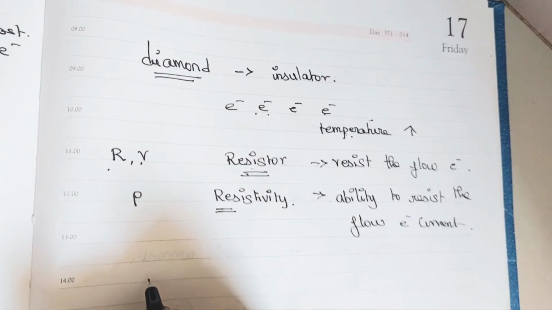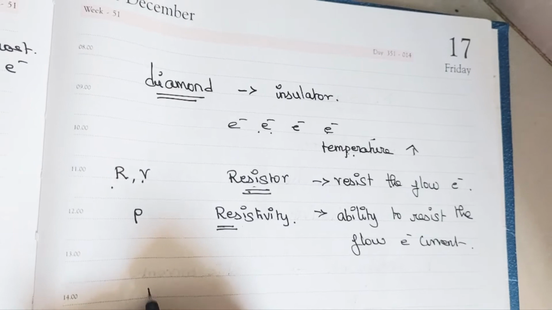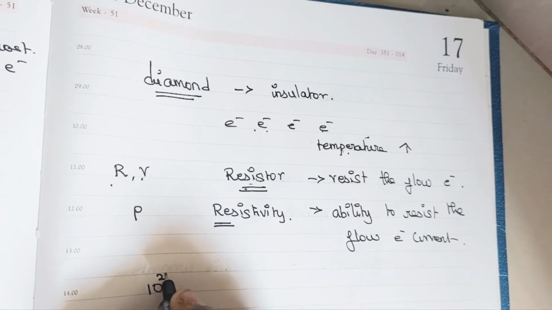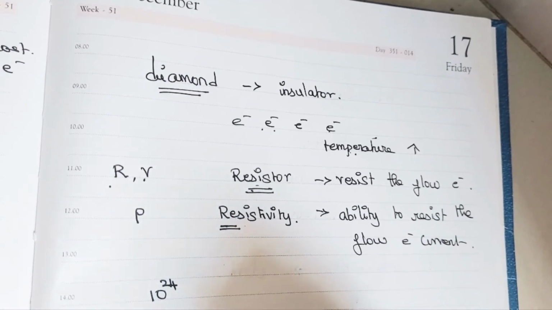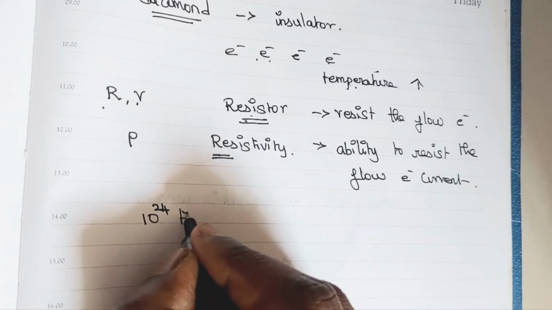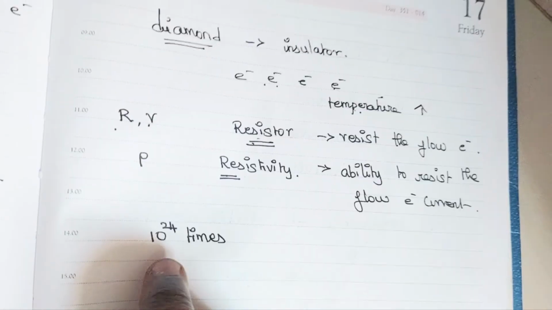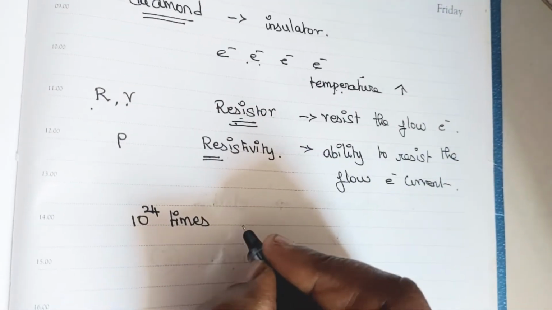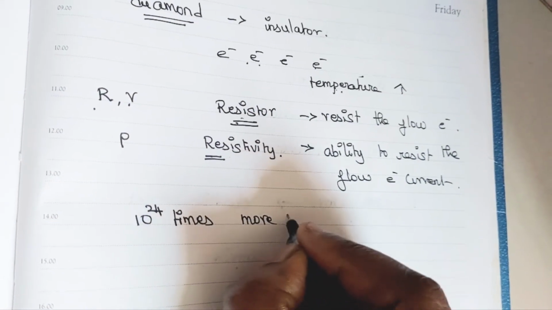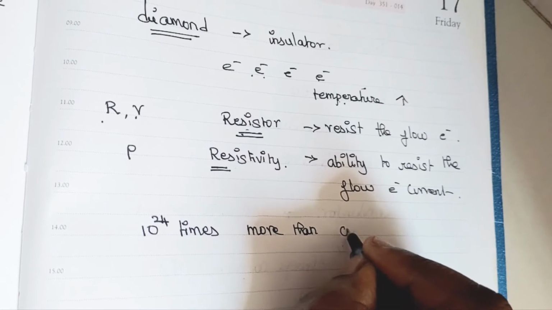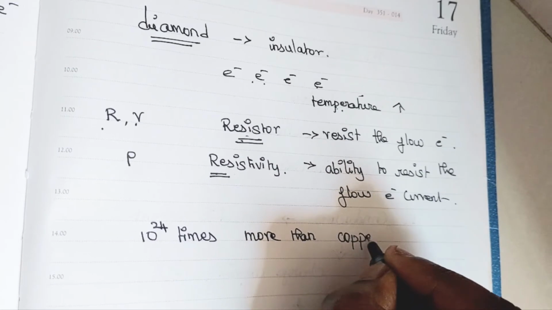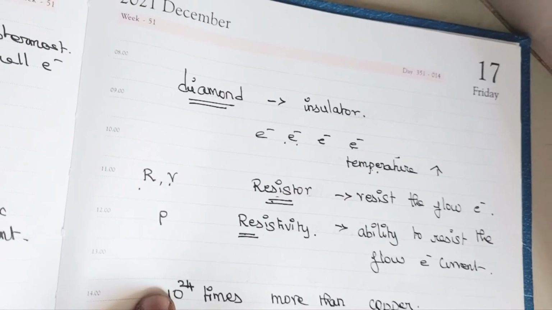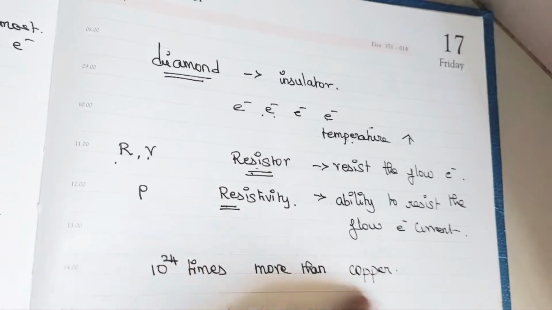The resistivity of a diamond is 10 power 24 times more than copper. Are you able to understand? 10 power 24 times more than the copper.